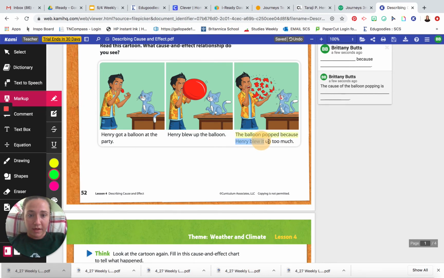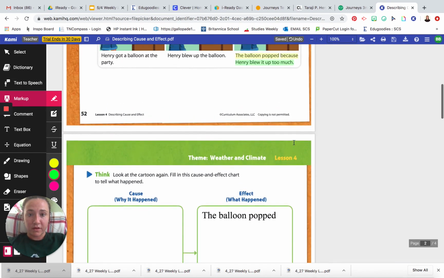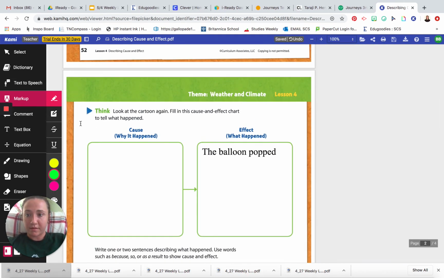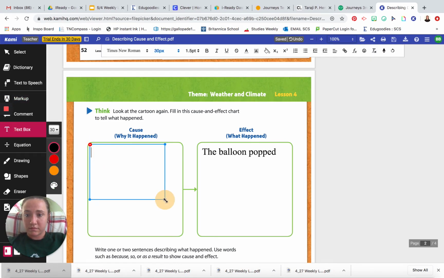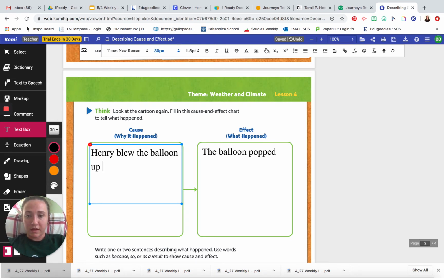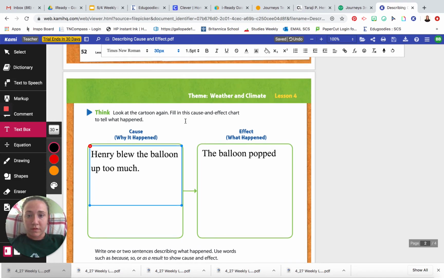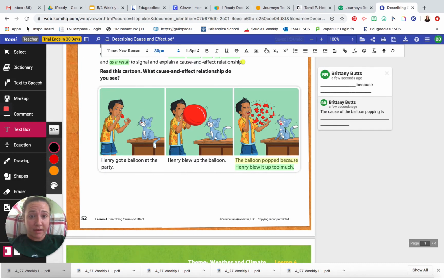The balloon popped because Henry blew it up too much. What is the cause of why the balloon popped? Henry blew the balloon up too much. We know that it's not the cat popped the balloon or his fingernails popped the balloon because that's not what the text says.